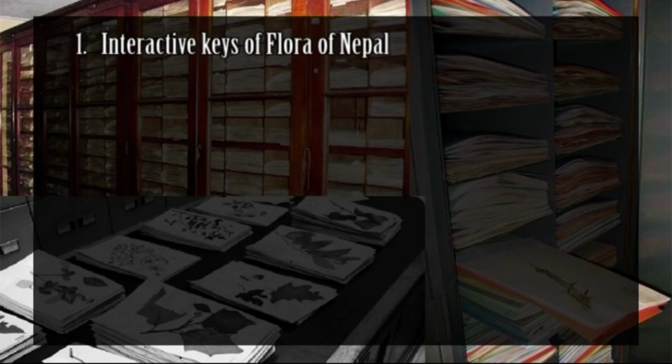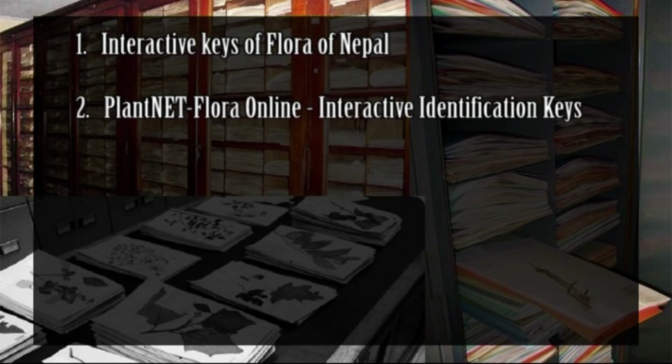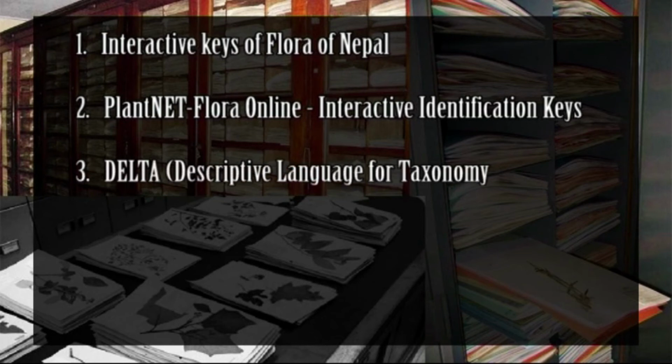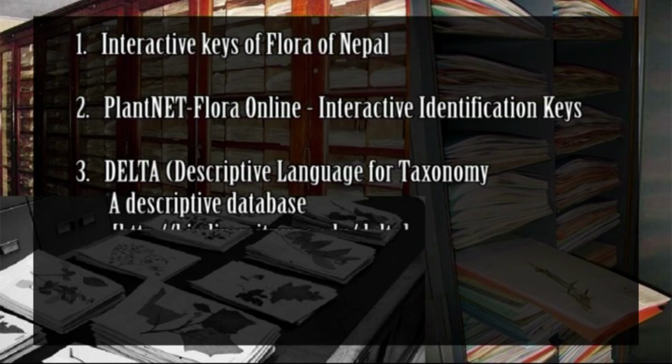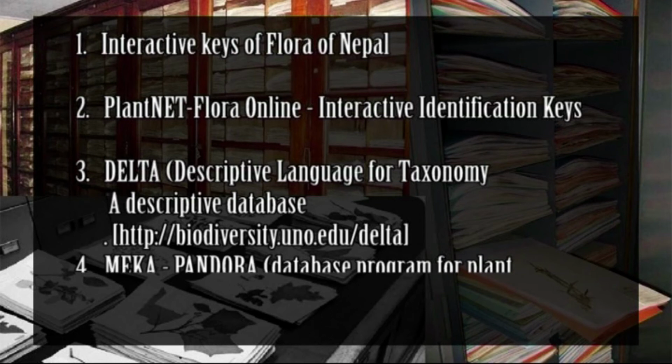Some of the major databases and internet-based interactive keys are the interactive keys of Flora of Nepal, PlantNet, that is Flora Online Interactive Identification Key, or DELTA, that is Descriptive Language for Taxonomy, a descriptive database from which descriptions, a variety of identification aids and analysis of relationships can all be derived.